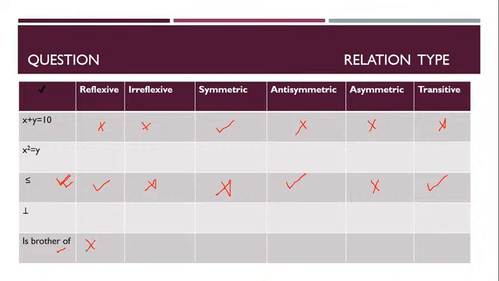So that's why this is not reflexive. Someone is brother of self, not coming true. So irreflexive, yes, no self loops are allowed, and that means is brother of is an irreflexive relation.